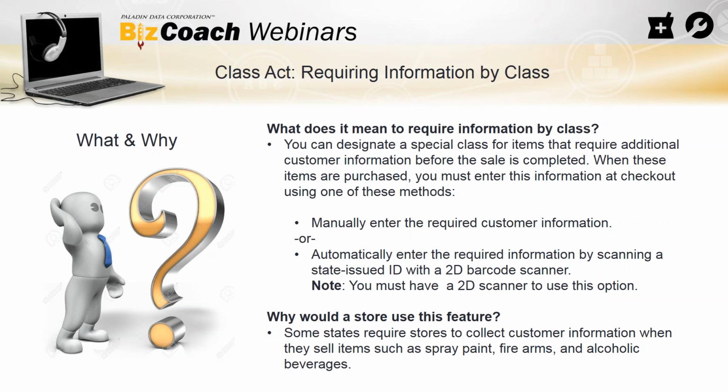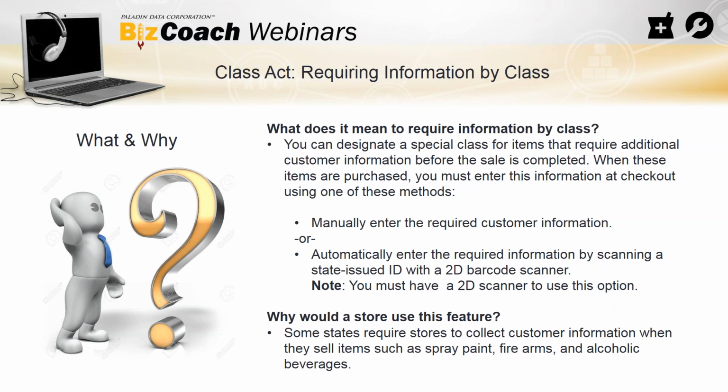Now, there are a couple different methods to input the information. Many of you, I'm sure, have seen our webinar with the 2D barcode scan. That is by far the best way to go about collecting customer information. Fast, efficient, it's clean. We're not going to mistakenly type and hit a key and not collect the correct information.